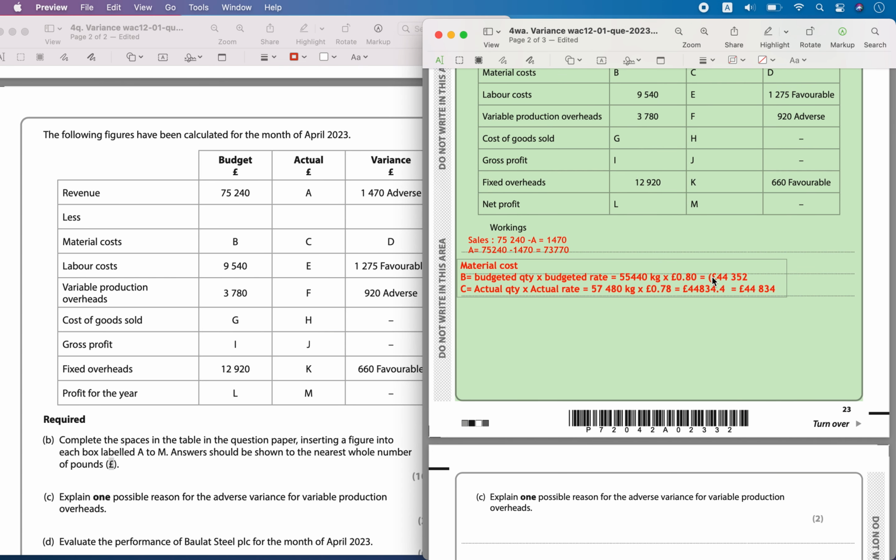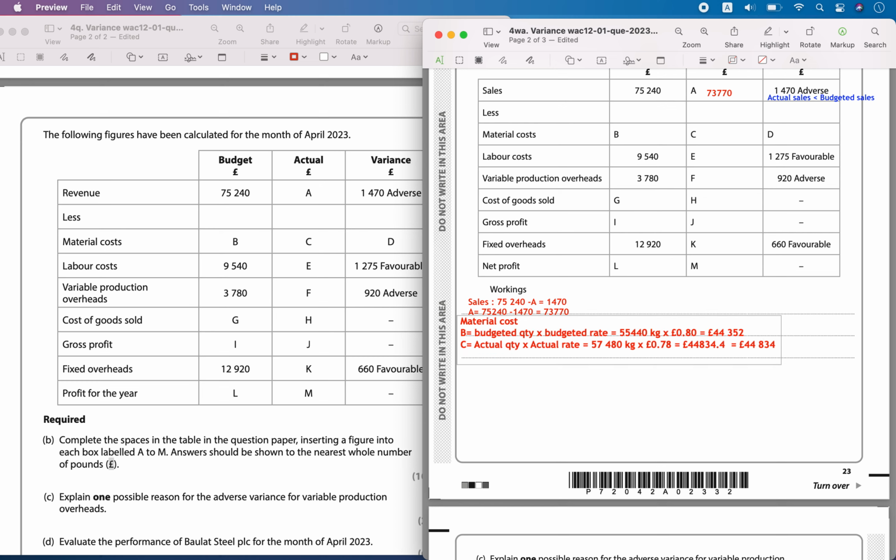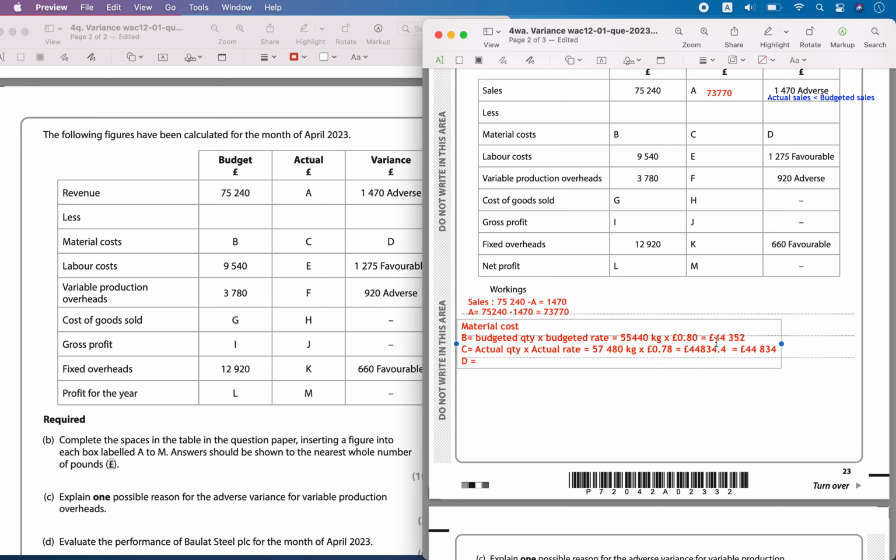Then you have D. Part D we have to understand. The budgeted material cost was less and the actual material cost is way more, so it is an adverse.